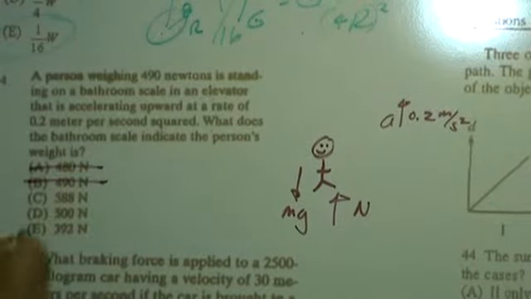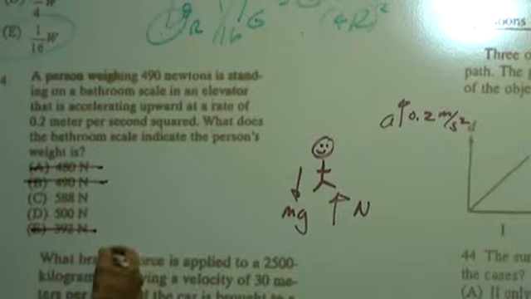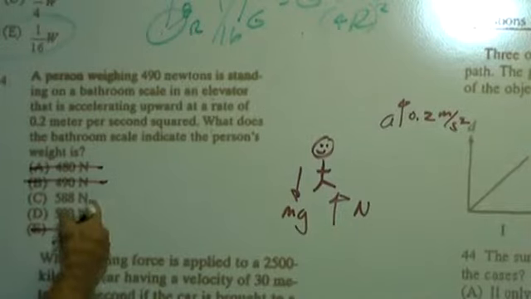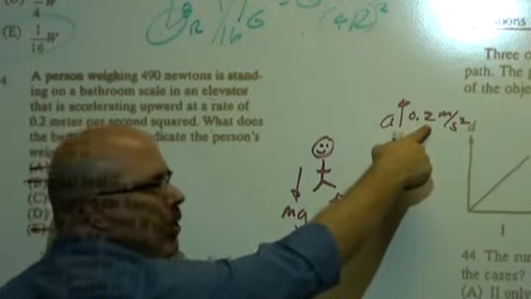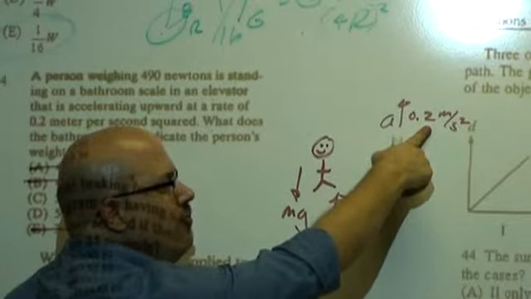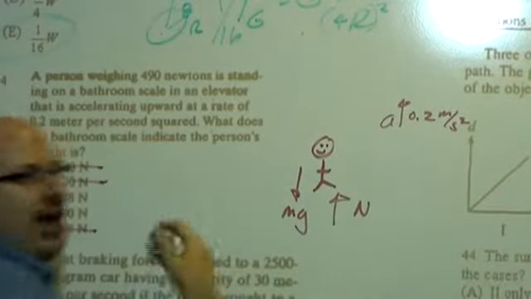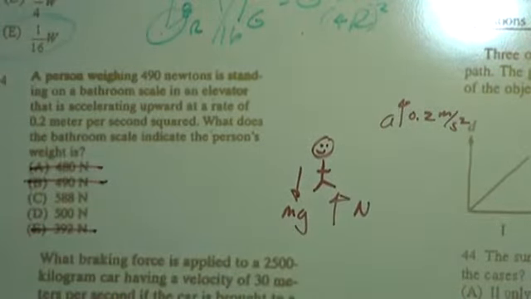Or E. So you got a 50-50 shot again, which is greatness, right? So we just got to figure out which one it is. And you probably can make a pretty good guess. If you're only going up at 0.2 meters per second squared and gravity is 10 meters per second squared for acceleration due to gravity, which one do you think is a better guess? Probably D. You're probably only going to go up a little bit, right?